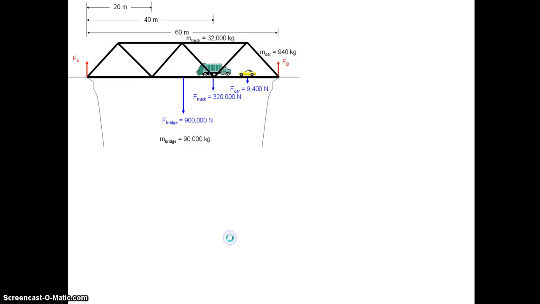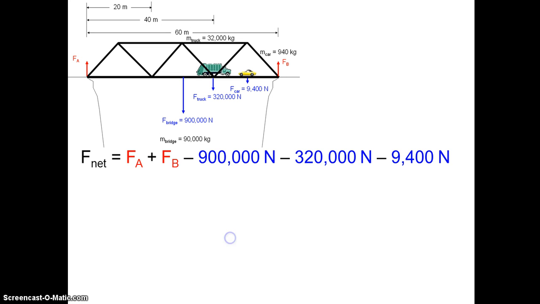If we use the information that we learned last year and write a net force equation, FA plus FB equals the sum of those, or another way to write that, F net, which is 0, equals FA plus FB minus the three downward forces. We still have two unknowns. F net again is 0. That's not unknown.